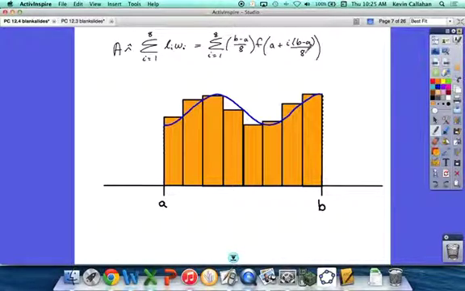So this should suggest, what if we just keep increasing the number of rectangles? Won't the value of this sum of the rectangles get closer and closer to the actual area? And yes, it would. That's what we're going to try to do. Let's see what happens if we keep increasing the number of rectangles that we use.